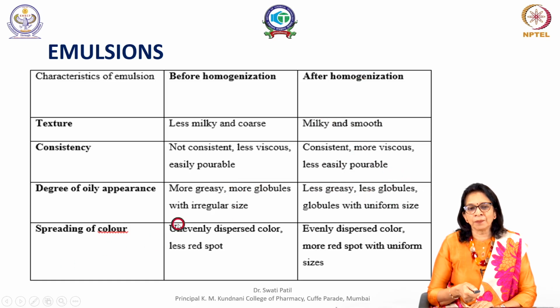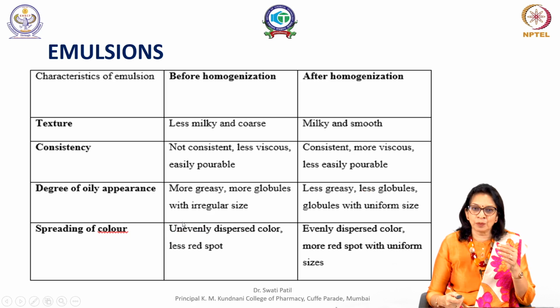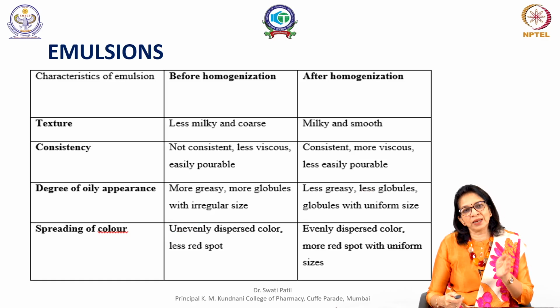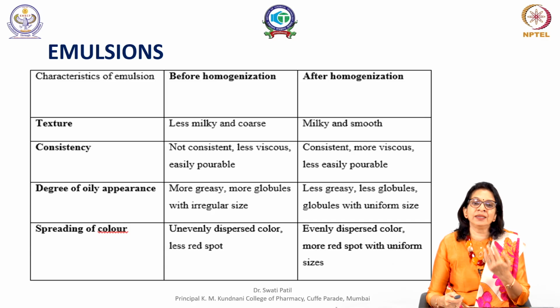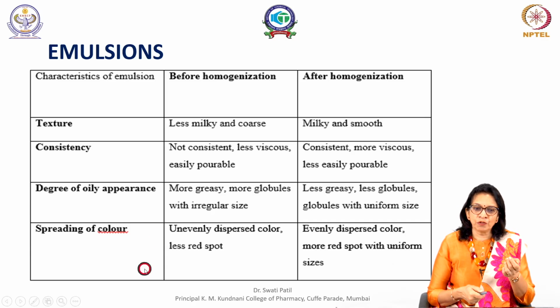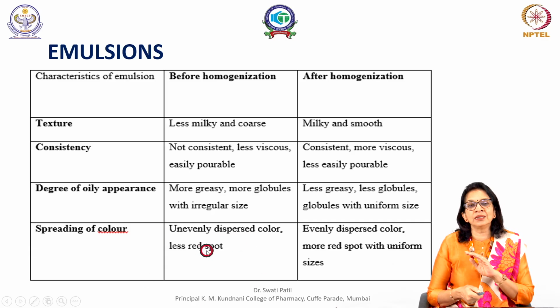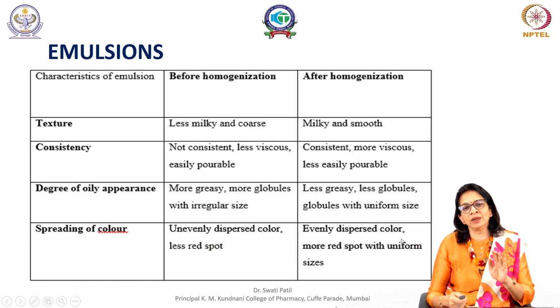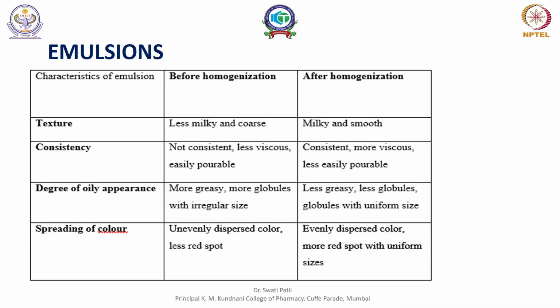Spreading of color: if you are adding an herbal extract which is colored, it acts therapeutically also, and it imparts a nice color to the formulation. Before homogenization this is unevenly dispersed, but after homogenization this is evenly dispersed and you get a nice evenly colored formulation of an emulsion type.